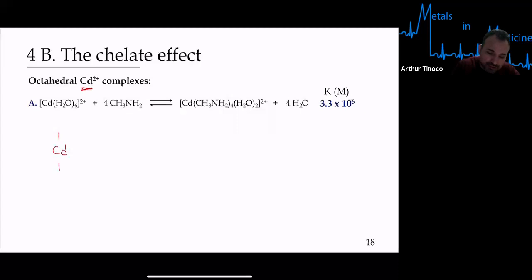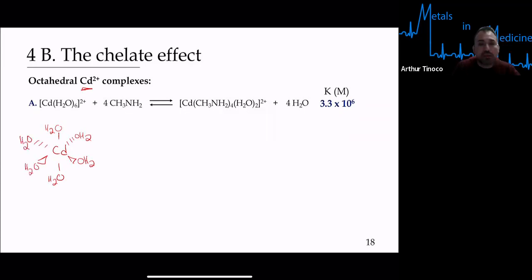I'm just going to draw out the structure to give us a perspective. We have these aqua ligands surrounding the metal center. Then for our product, you have a loss of 4 of those aqua ligands, and they're replaced by methylamine.